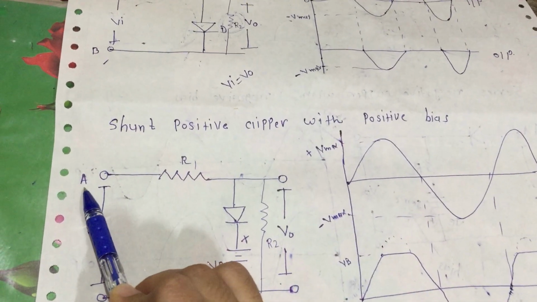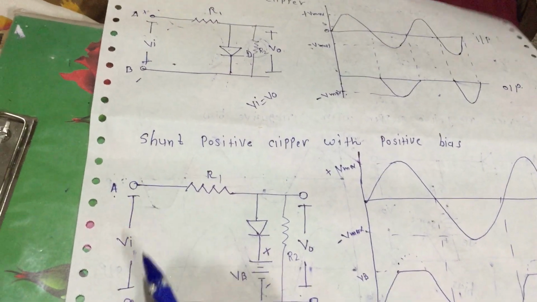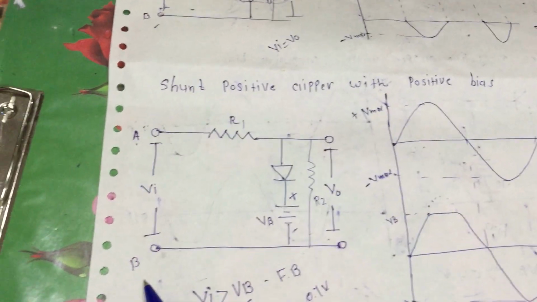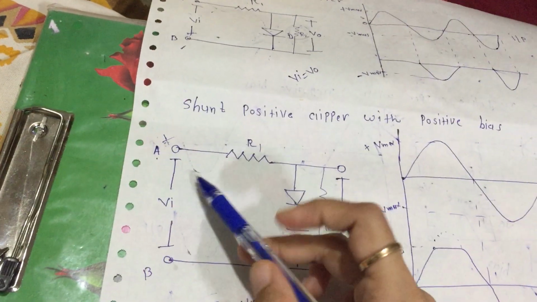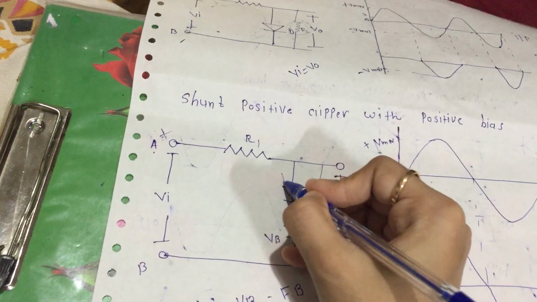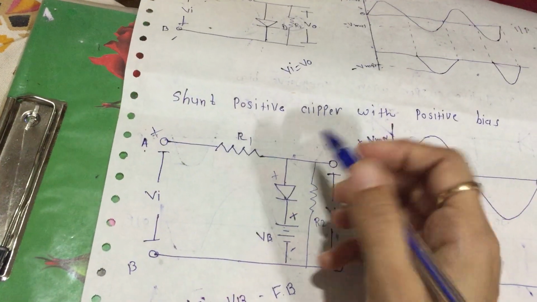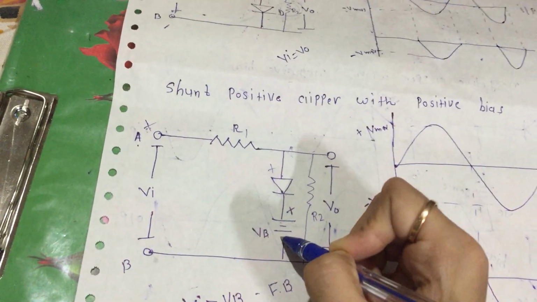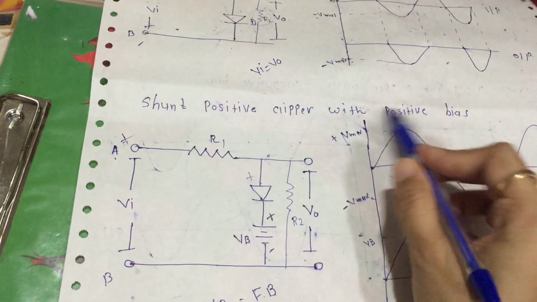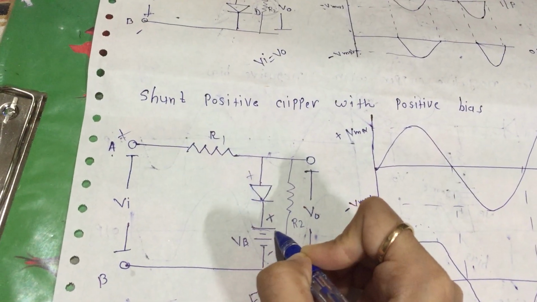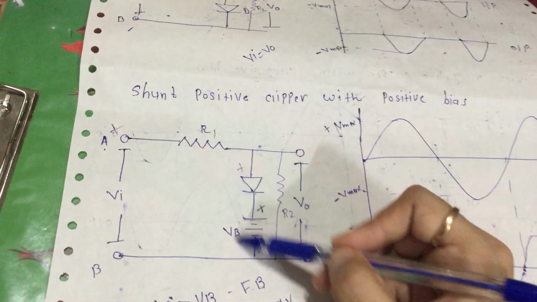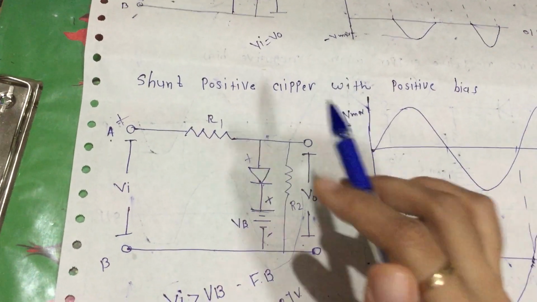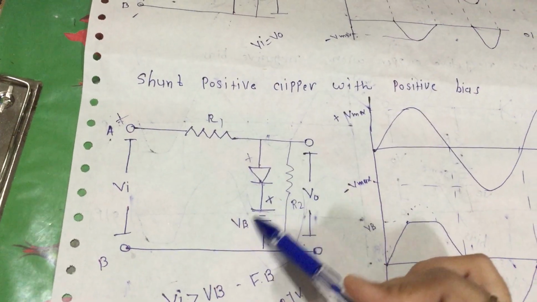When A is positive with respect to B, the diode becomes forward biased. Okay, but with the positive bias, the terminal of the battery that is positive is connected to the cathode, so this becomes reverse biased. This is forward bias and this is reverse bias.